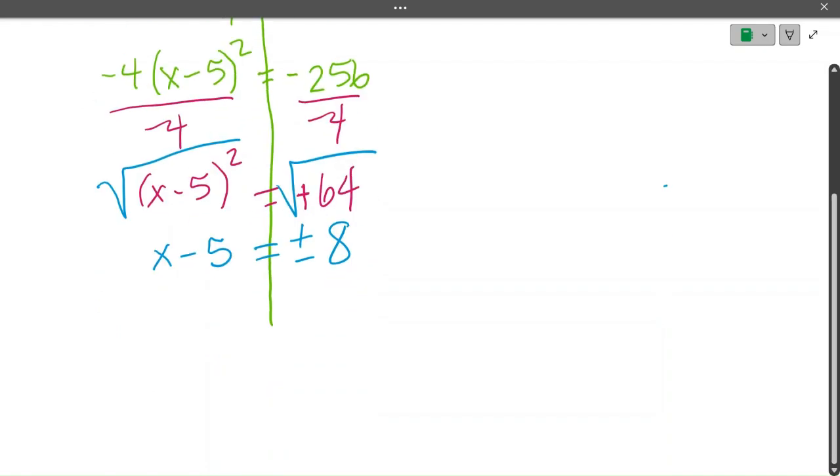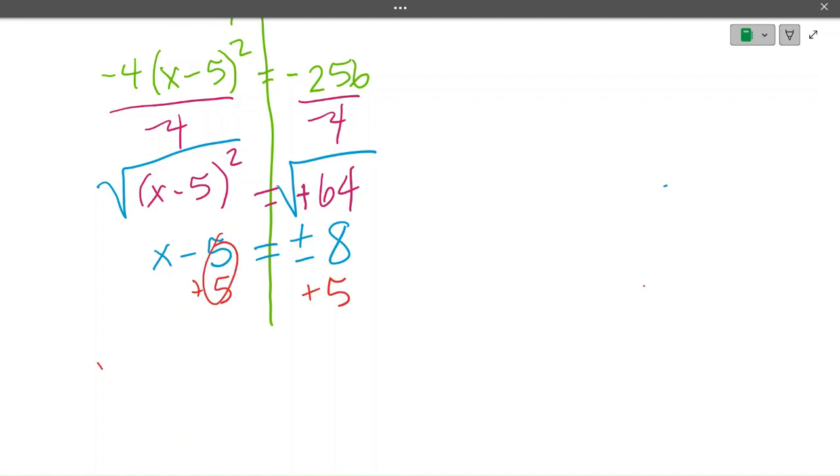All right, now I am just going to show this one way since I've shown it both ways multiple times. I'm going to add 5 to both sides. When I do that, I get x equals 5 plus 8 as one equation and 5 minus 8 as the second.